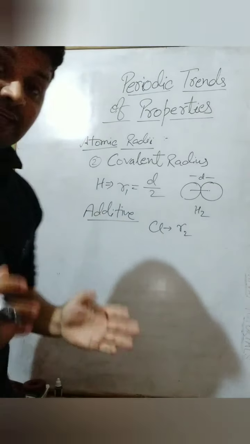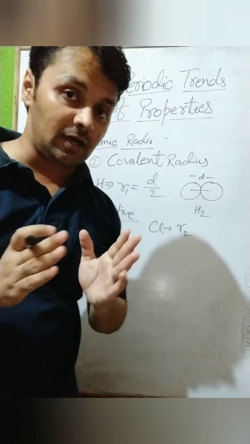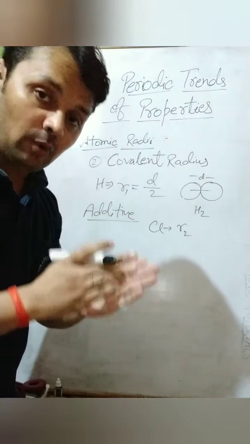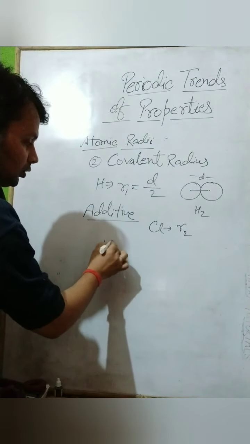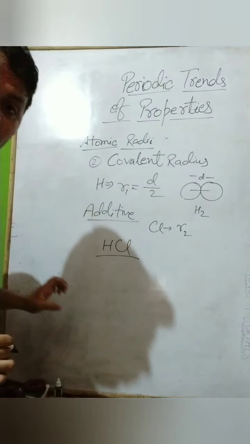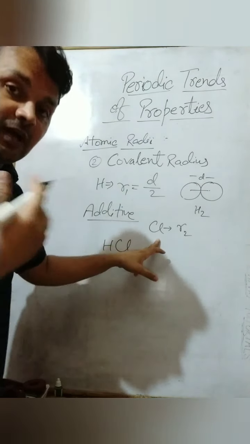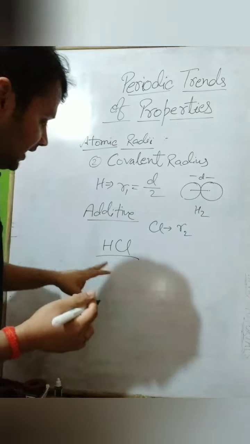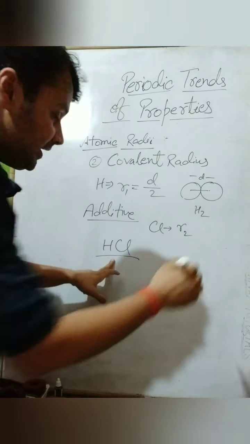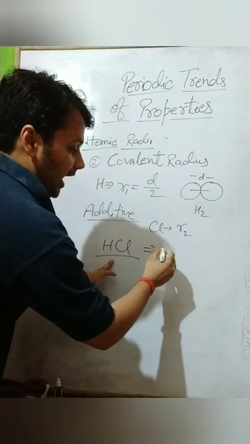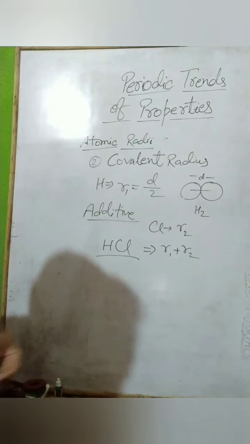Then HCl, hydrogen chloride, is formed by the combination of hydrogen and chlorine. So if we have to calculate the distance between the hydrogen and chlorine nuclei in the molecule of hydrogen chloride, then it will be equal to R1 plus R2. Am I clear? Note it down.